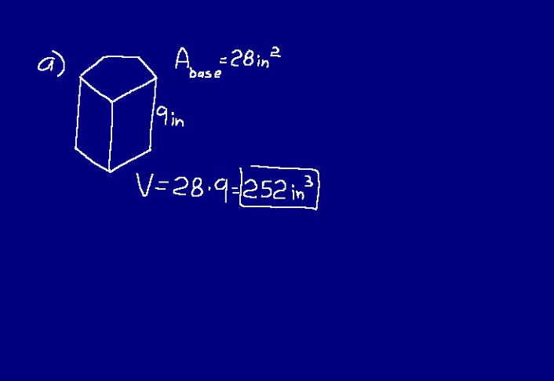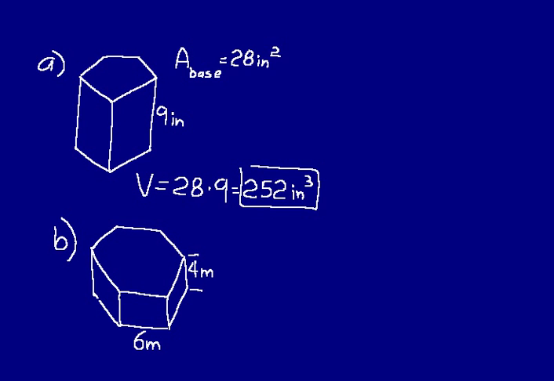Remember, on these problems, the units are just as important as the numerical part. In problem B, we have a right hexagonal prism, and pretend, I know my drawing's not perfect, but pretend that's a regular hexagonal prism. So that means the bases are both regular hexagons, and each side is 6 meters long. I want you to figure out the lateral surface area.